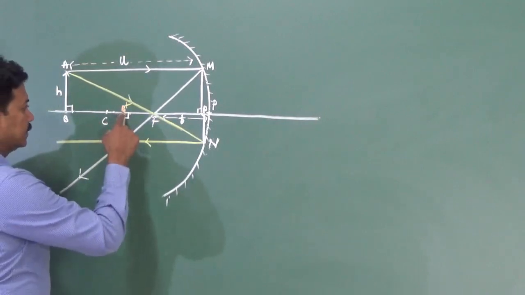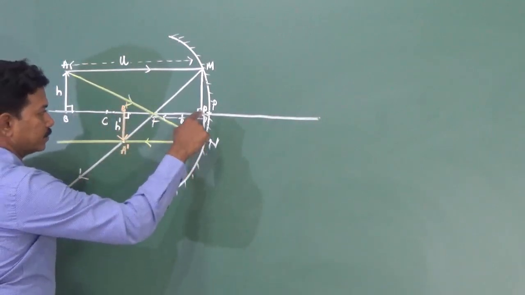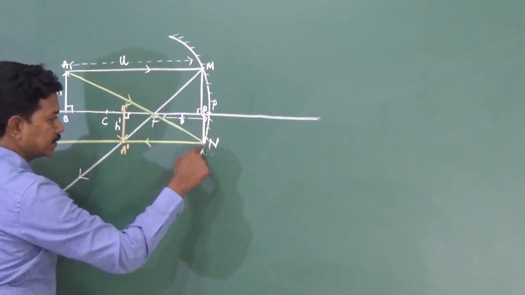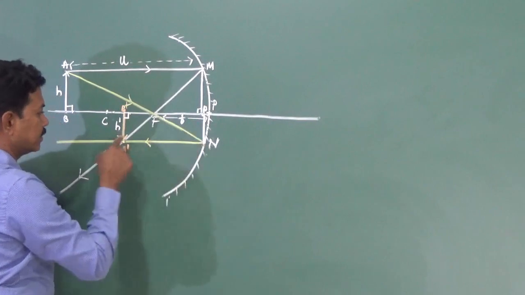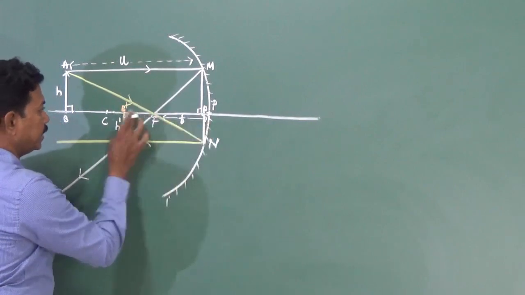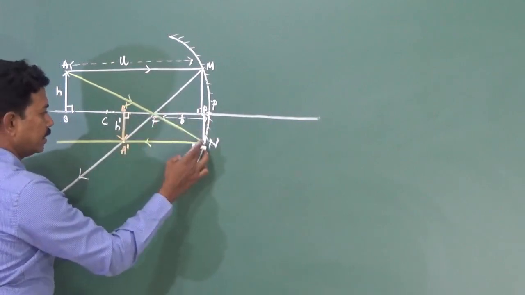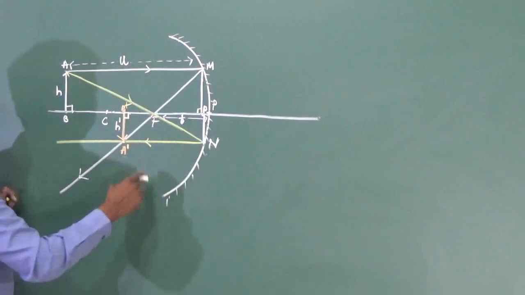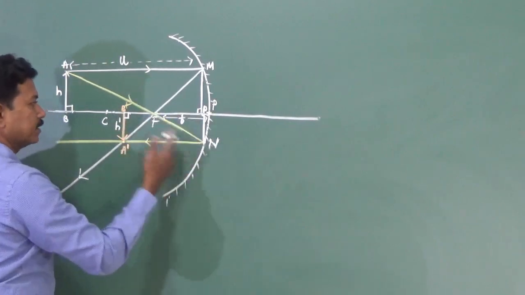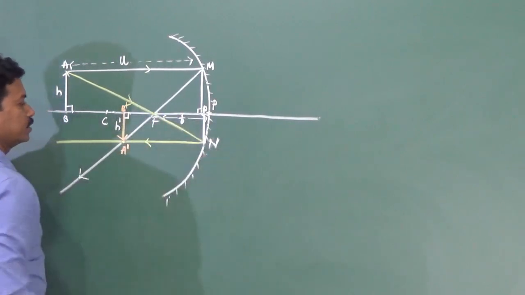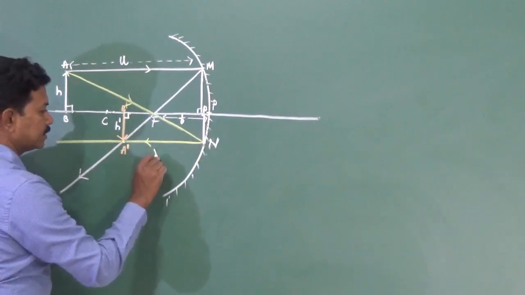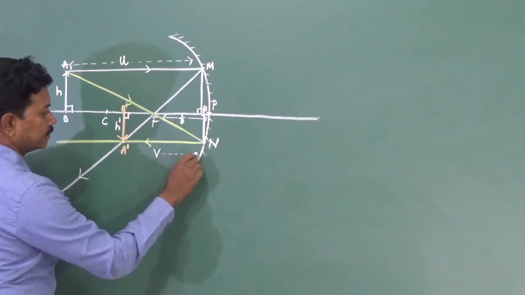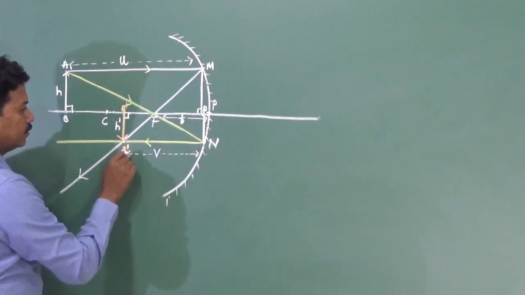Since point N coincides with point P, the distance between the pole of the mirror and the image, PB dash, is the same as NA dash, because both lines are parallel to each other. I will take this as the image distance, V. This is the length V.